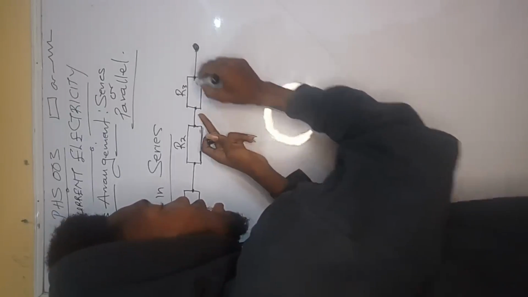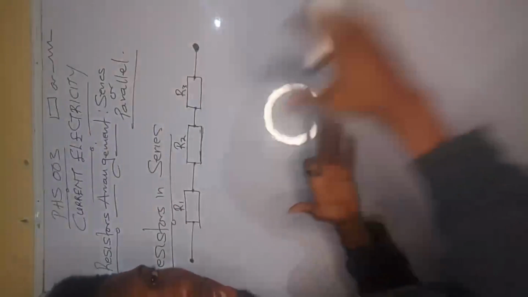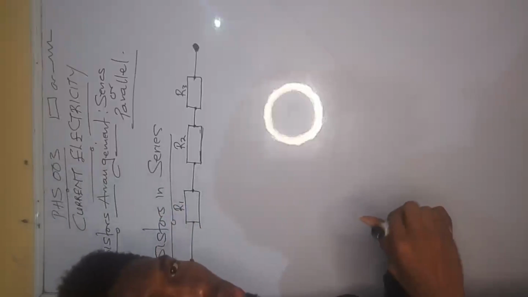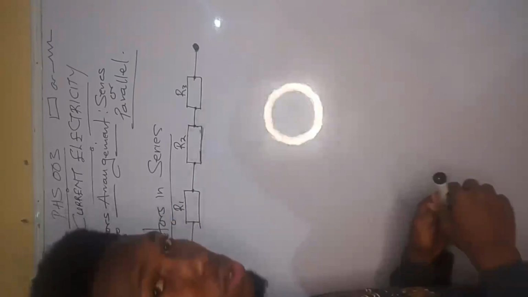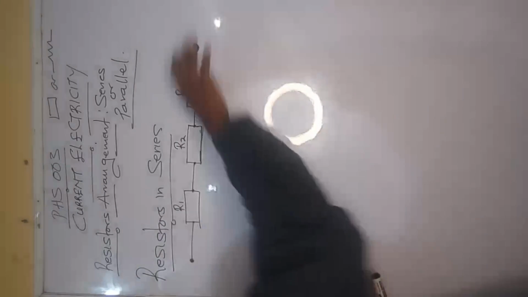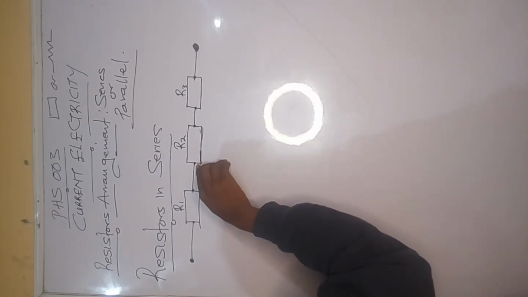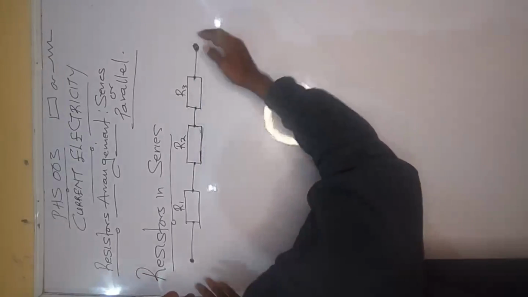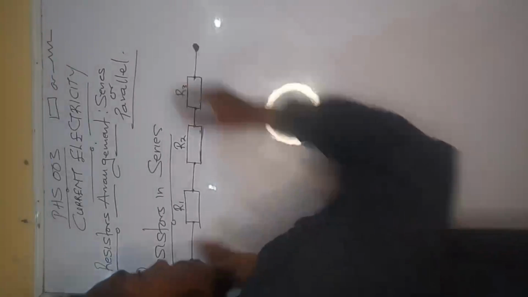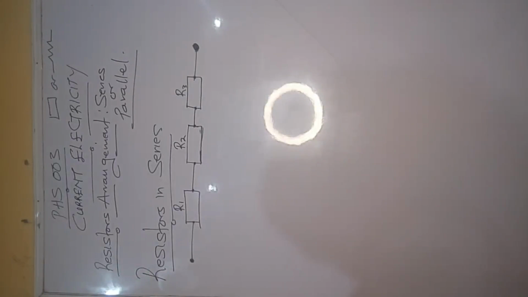That's why I said in a series connection, we have an end-to-end connection of the resistors. This is a series connection because it's end-to-end. And as you can see, these are the terminals of this diagram now. Are you getting me now?